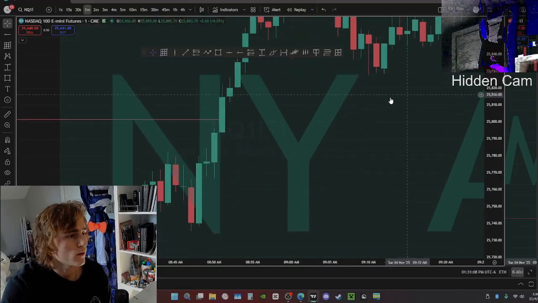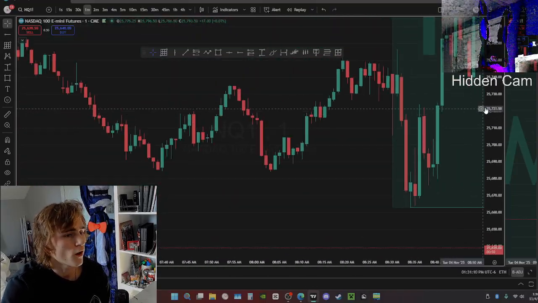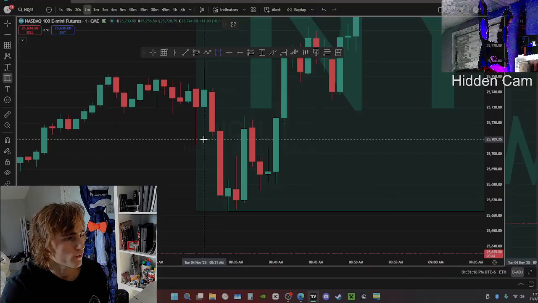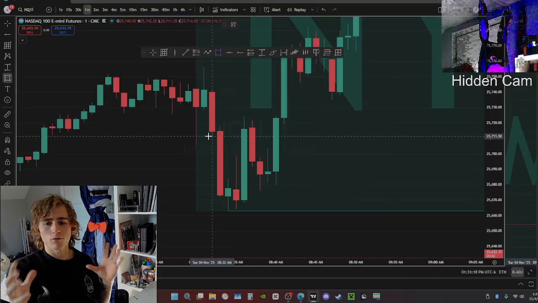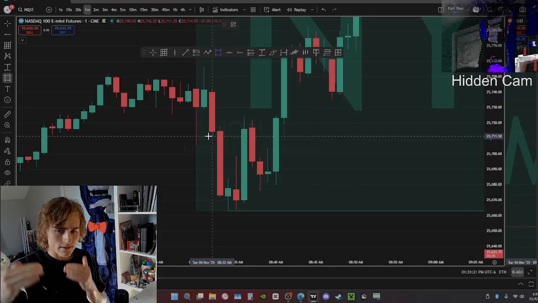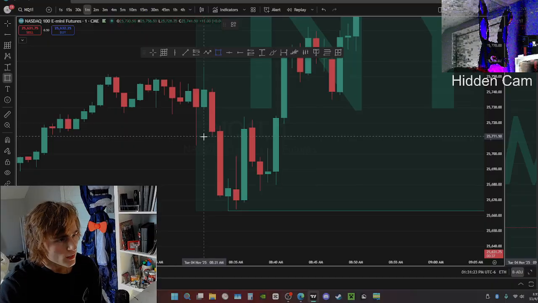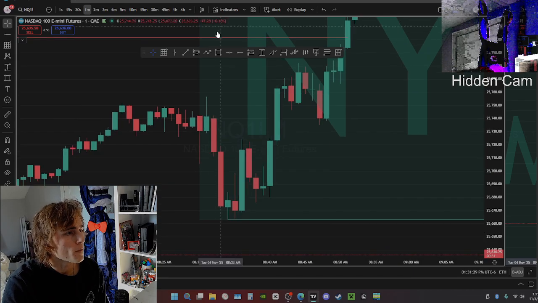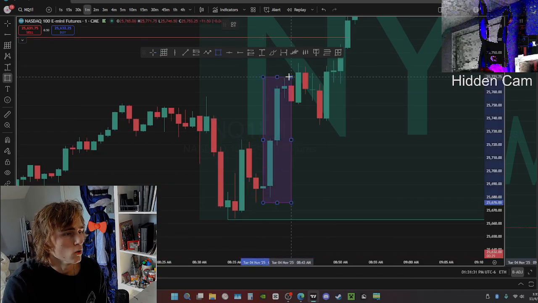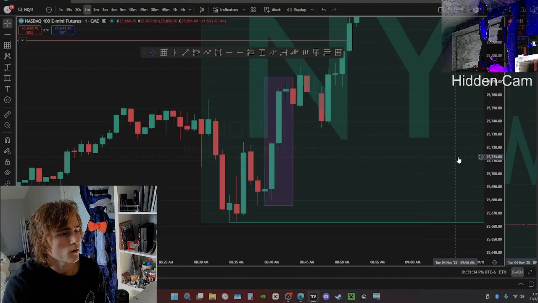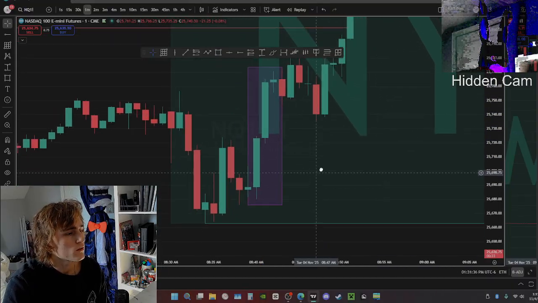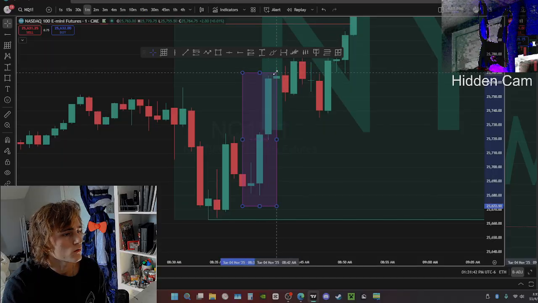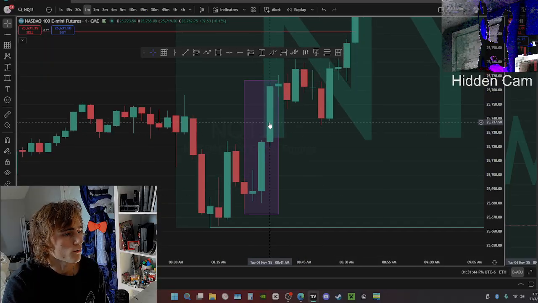So, how do we really mark out a fair value gap? Now, the gap starts inside of 3 candles. So the gap is inside of 3 candles. Let's just say we have 3 bullish candles. Let's just use these 3. 1, 2, 3.